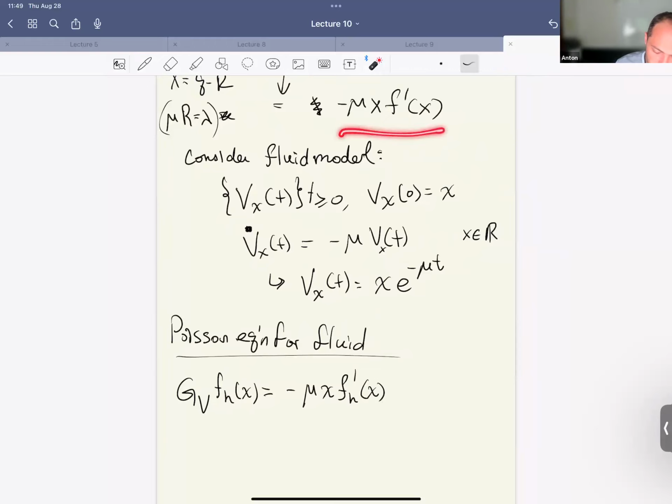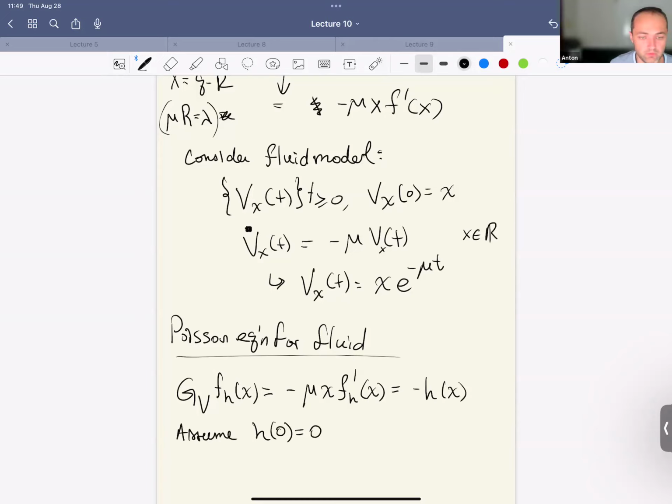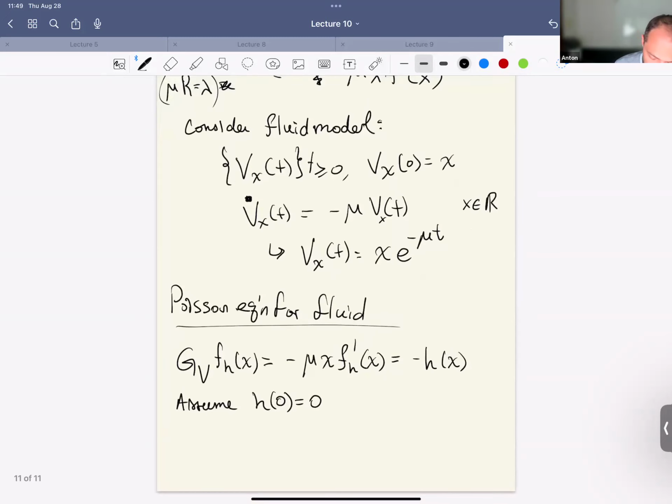It's just going to be the first order term, equals negative h of x. Now, assume, and this is important, h of 0 equals 0. Why? Well, you'll see why.